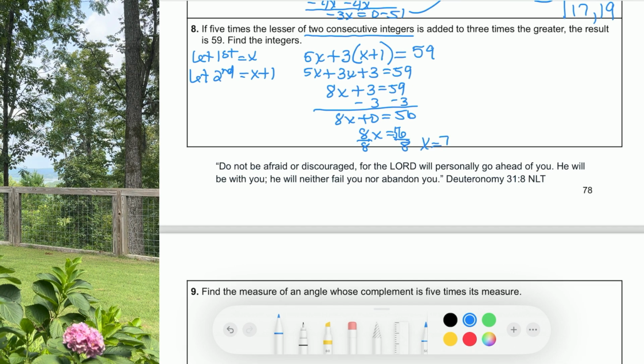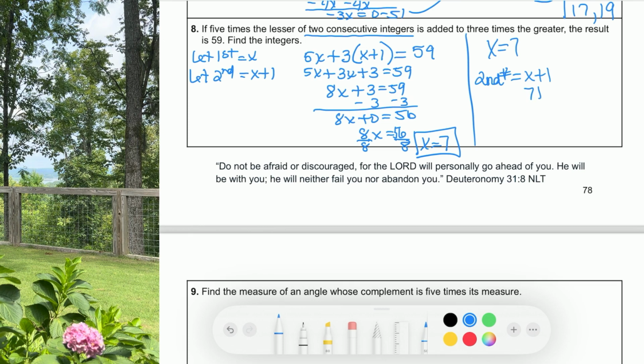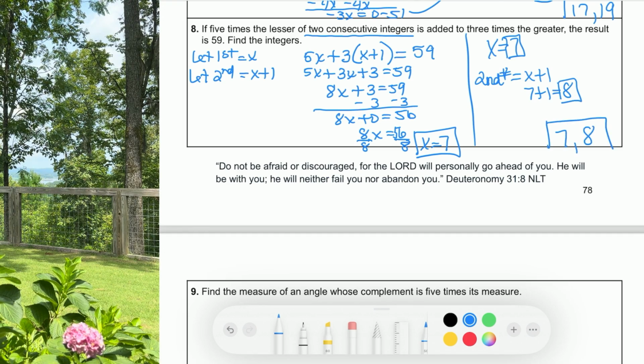I get x equals 7. All right, so we know our first number is 7. So now I need to come over here and say, okay, so x is 7. So our second number equals x plus 1. So 7 plus 1 is 8.